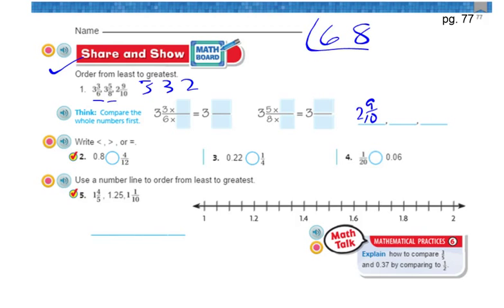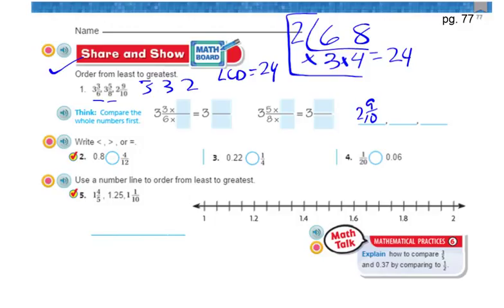I'm going to find my factor that goes into both 6 and 8, which is a 2. That leaves me a 3 and a 4. And I'm going to find the LCM of that, because the LCM will be the LCD, the least common denominator. So 2 times 3 is 6, times 4 is 24. So I know right now that my least common denominator is 24.